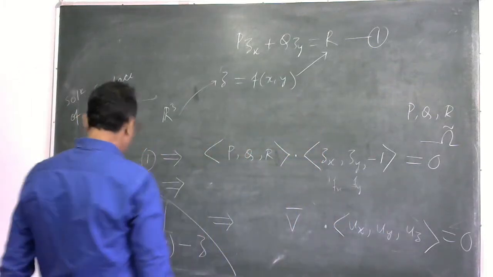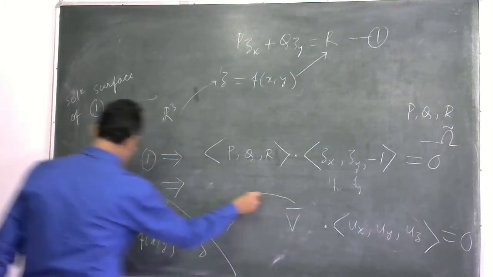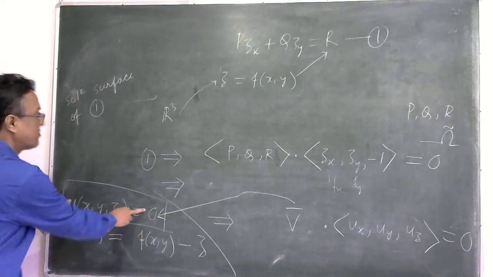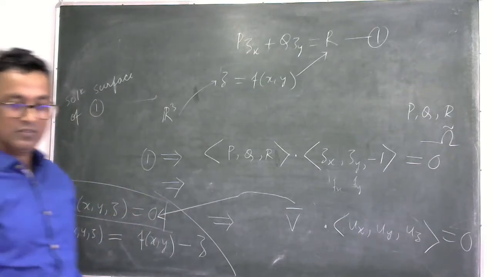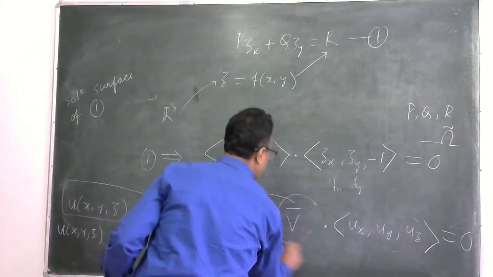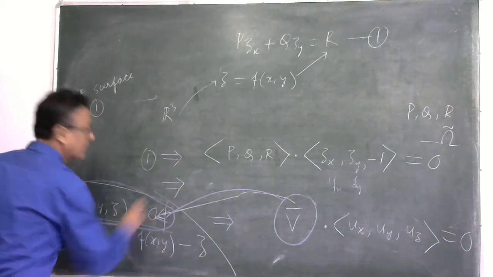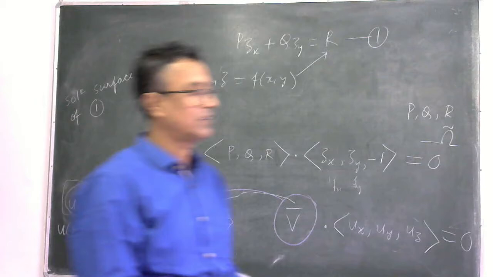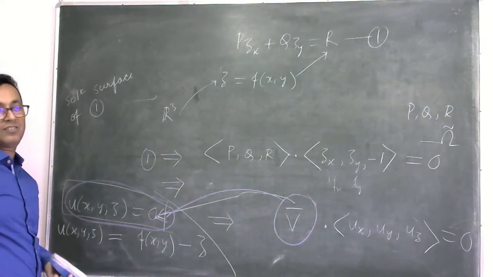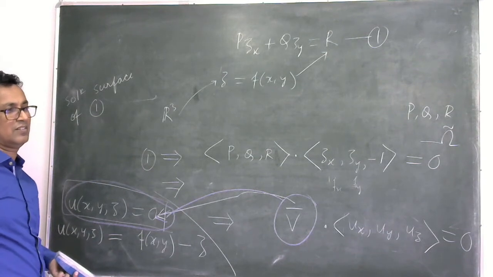Then can you give me a relationship between the vector V and this surface? Can you now relate the vector V to the surface given by this? That vector is orthogonal to that surface.